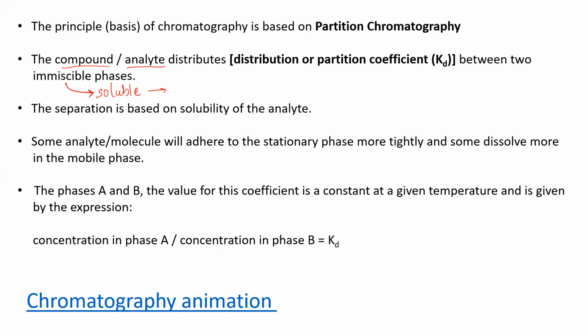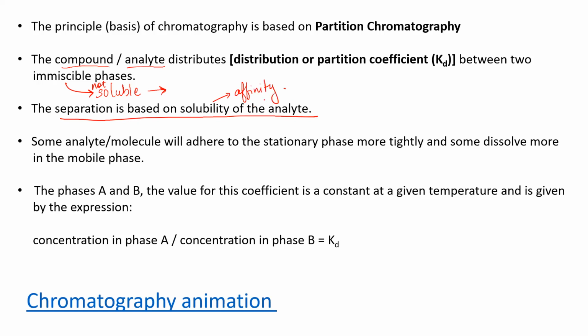Now these two different phases are there. Immiscible is something which is not soluble. Our analyte will either have affinity towards the mobile phase or towards the stationary phase, and the separation is based on this solubility or affinity of our analyte.